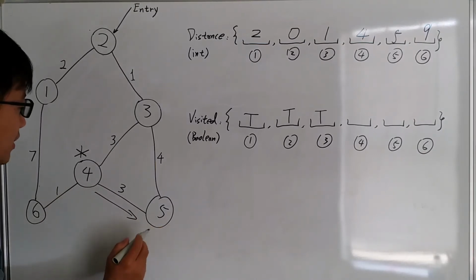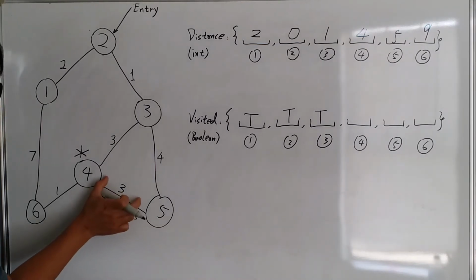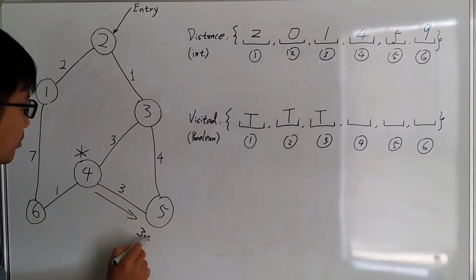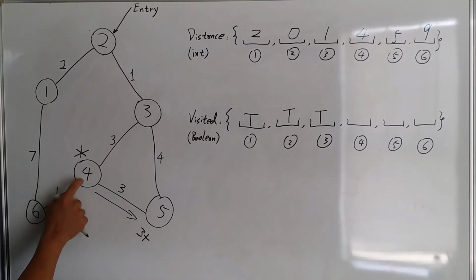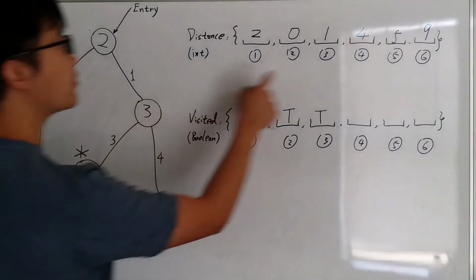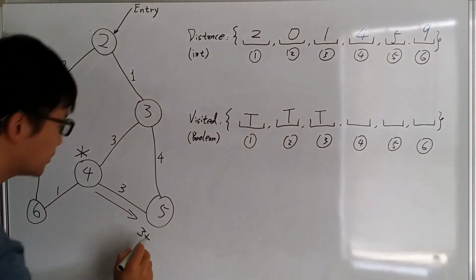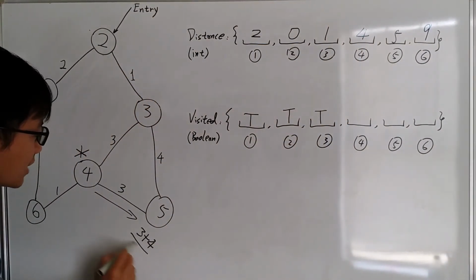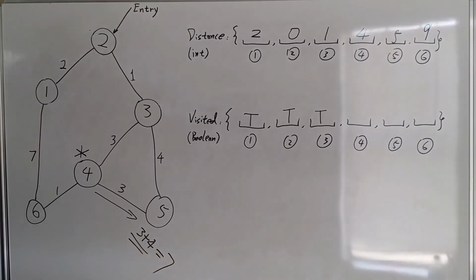We can see the distance is 3 plus the distance at this point. What is the distance at this point? We go to this array, we find node 4 is 4. We can see that the number is 7. So here we calculate the distance is 7.